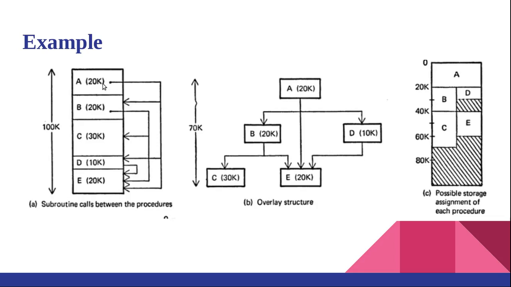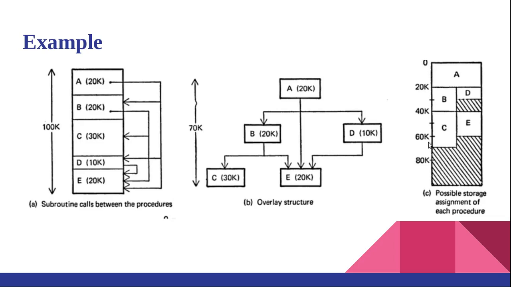So it is clear that the main program A is calling subroutines B, D and E. Then program B is calling subroutines C and E. Similarly, D will be calling E. But the problem is that the allotted memory for this entire program is only 70K. Look at the storage diagram, the third diagram, that is 0 to 70K.